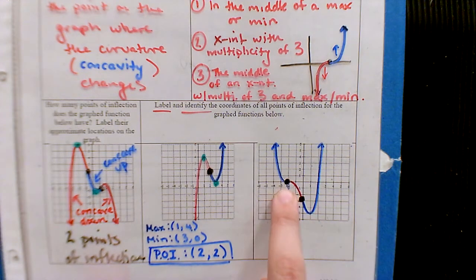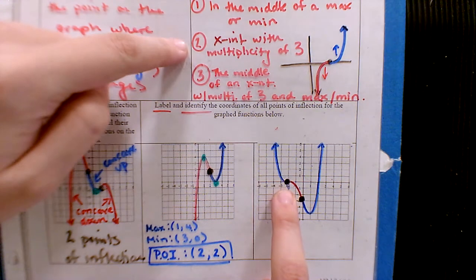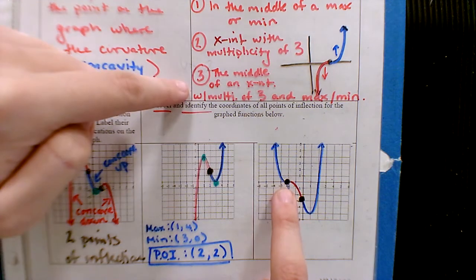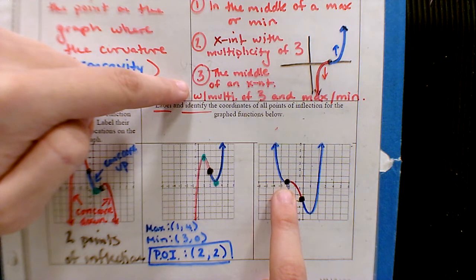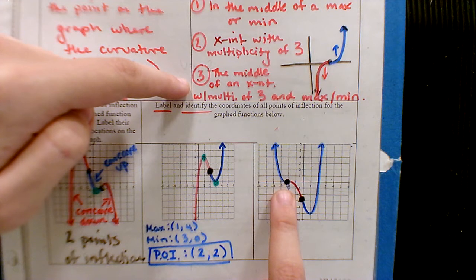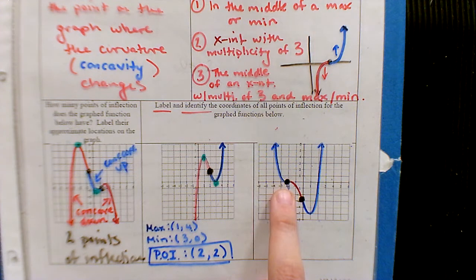So this first one, is that in the middle of a max or a min? Is this one an x-intercept with a multiplicity of 3? Or is this one the middle of an x-intercept with a multiplicity of 3 and a max or a min? Can we think about which of the three this one is?